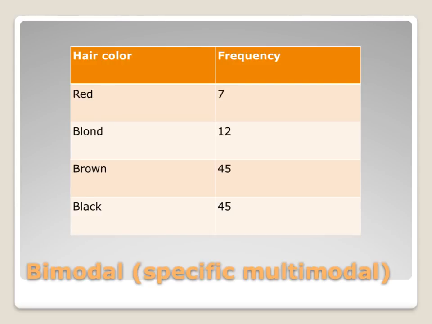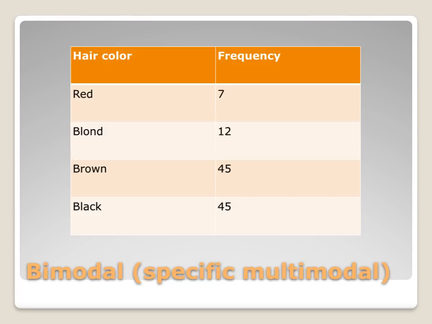We have specific types of multimodal distributions. So in this case, for hair color, we can look at the number of people in a distribution who report themselves as having red hair, blonde hair, brown hair, or black hair. And in this case, you can see that there are 2 hair colors where the frequencies are exactly the same.